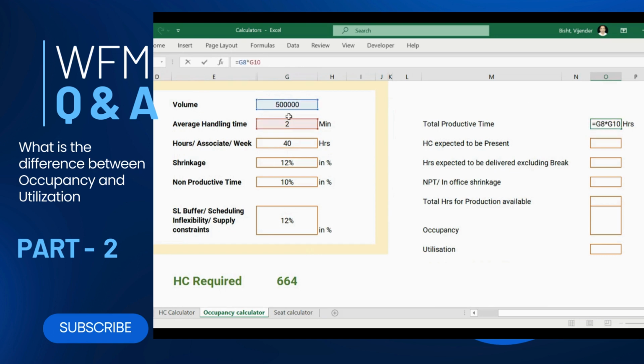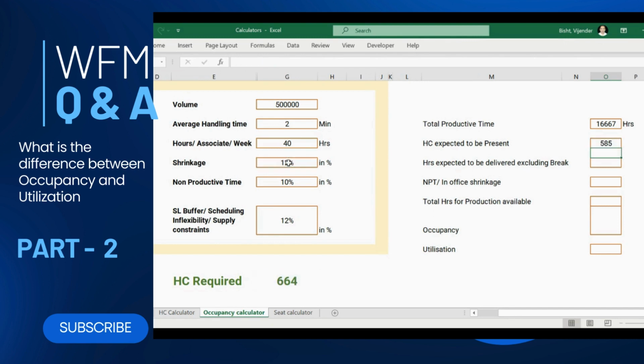I will convert that into hours for my simple calculation purpose, having the same unit across, divided by 60, you get 16,667 hours.